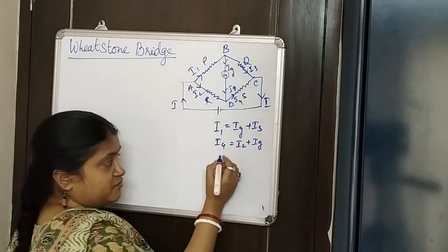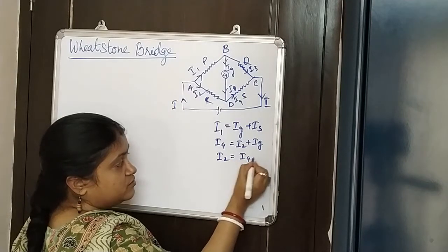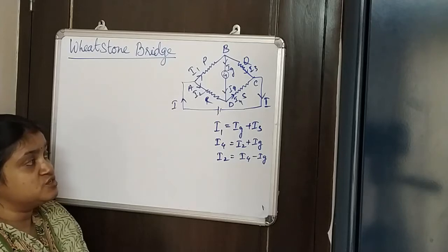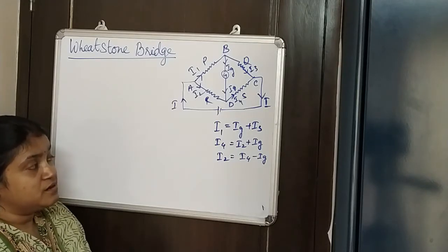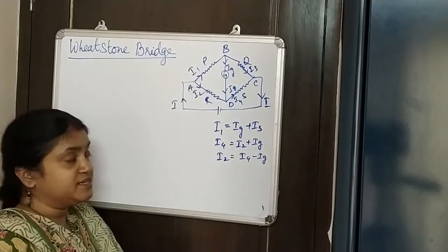So in that way you can write I2 is I4 minus Ig, right? So these are the 2 equations that we get from the circuit analysis.